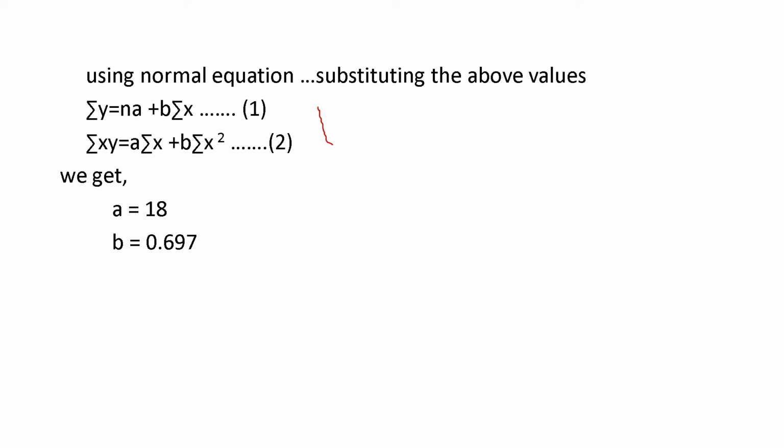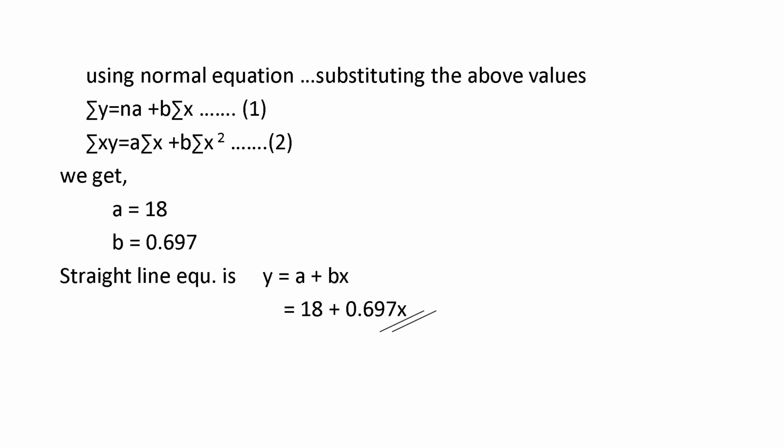Substituting the values for the sigmas and n, we'll get a as 18 and b as 0.697. Hope this much is okay. Now substitute in the straight line equation y = a + bx. So you will get y = 18 + 0.697x. That is the straight line equation.